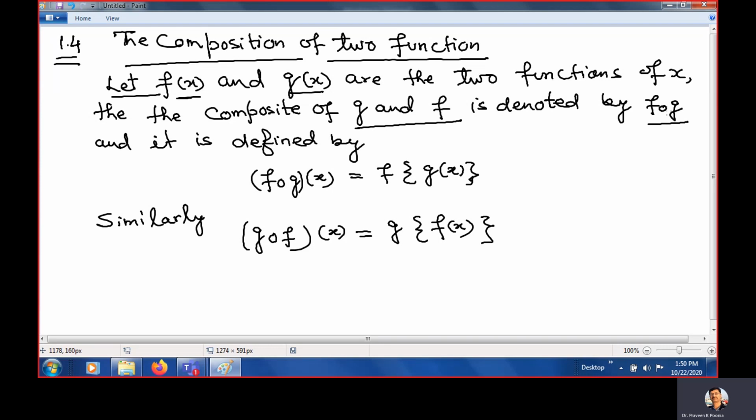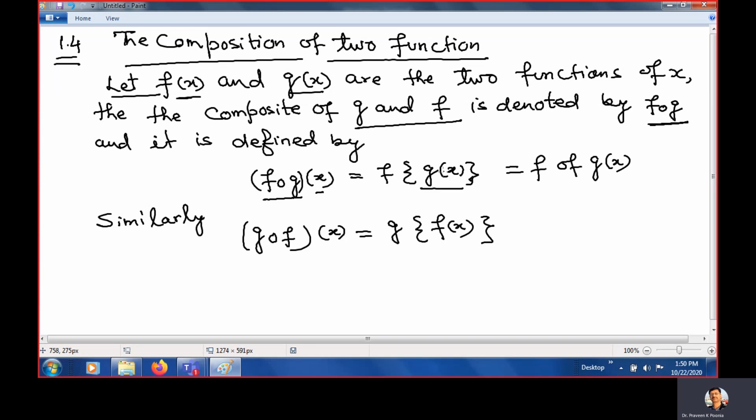It is basically composition of g and f, but we call it f composition g, and it is defined as (f∘g)(x) = f(g(x)). It is called f of g of x.